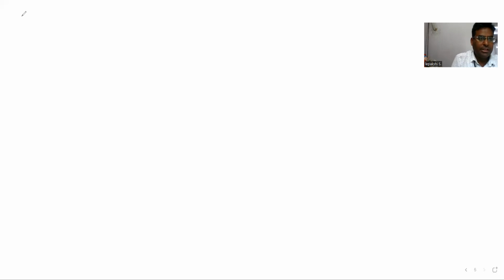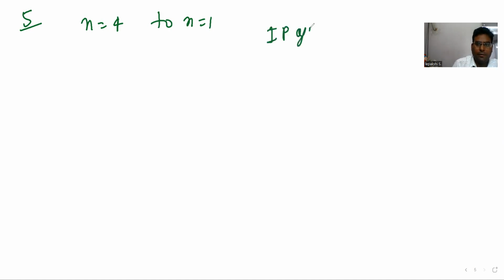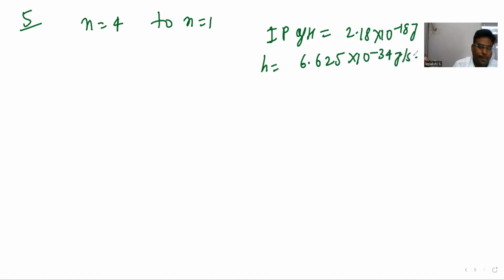Now see question number 5. What is the energy of radiation emitted when the electron falls from n equal to 4 to n equal to 1 in a hydrogen atom? The ionization potential of hydrogen is given, equal to 2.18 into 10 raised to minus 18 joule, and the H value we know, Planck constant, is 6.625 into 10 raised to minus 34 joule second.